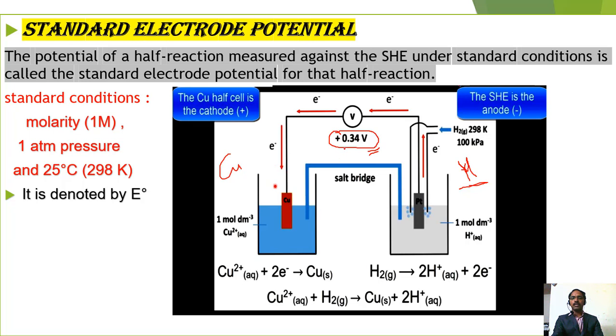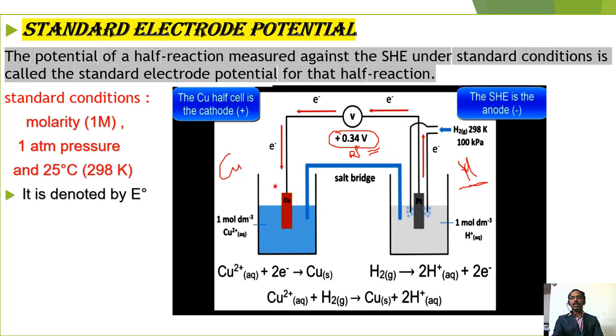Now, what is the sign convention here? Positive. Why is it positive? See here, copper is taking electrons. This is the reduction potential value, RP.